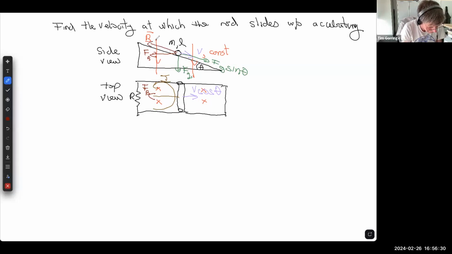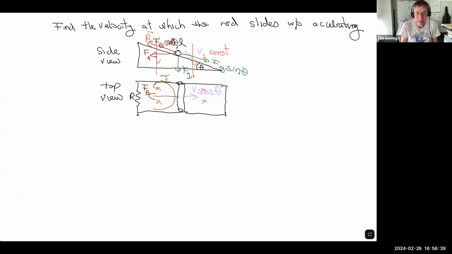By the geometry, it's Fb cosine theta. So we've got a component of magnetism, Fb cosine theta, sorry, this is hard to read, and a component of gravity, Fg sine theta, up the incline and down the incline.